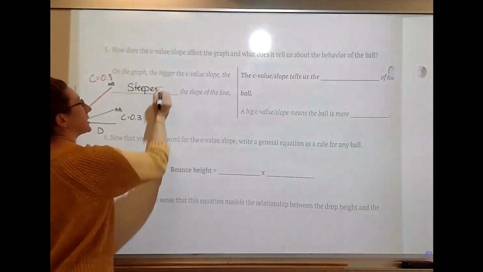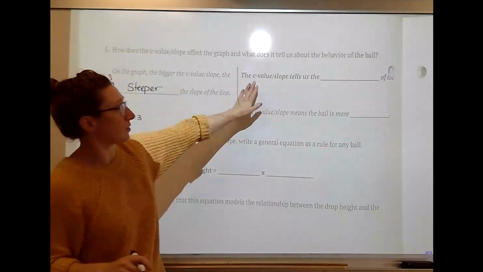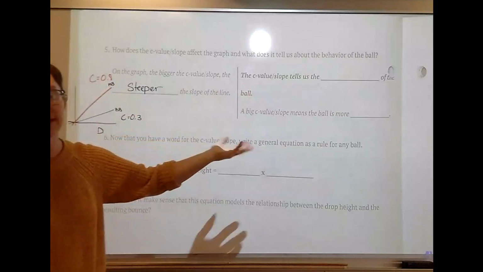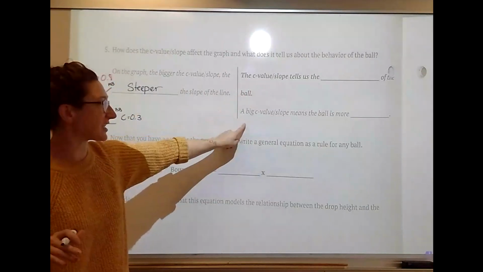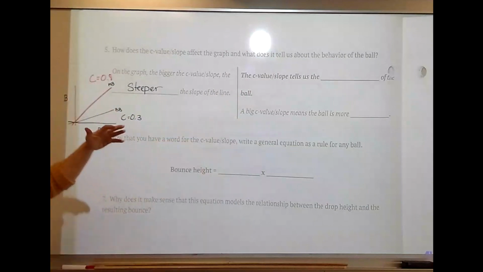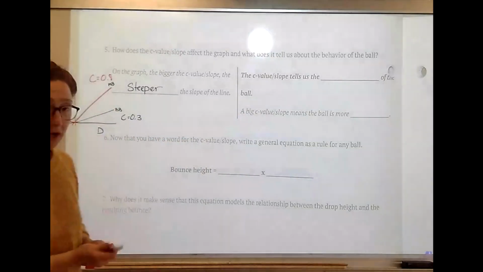So the C value or slope tells us what it is about the ball that we are learning. It's actually easier to start with this one. If there is a big C value, then what does that tell us about the ball itself?